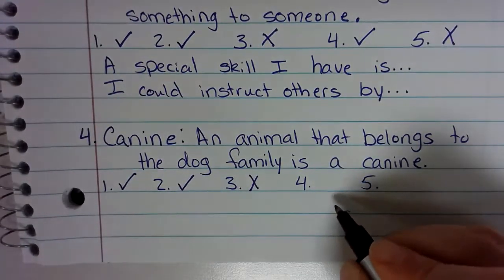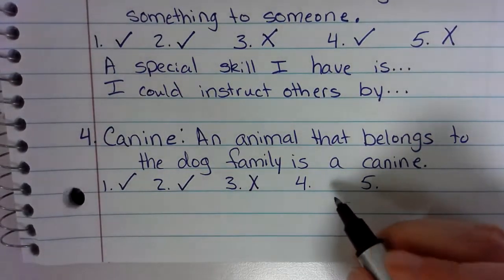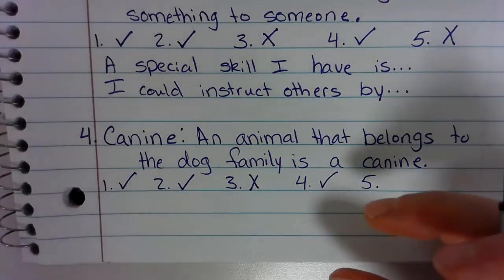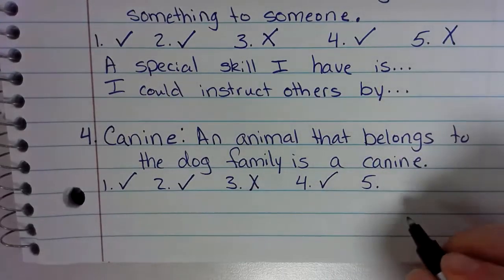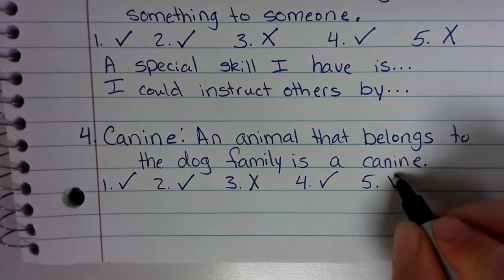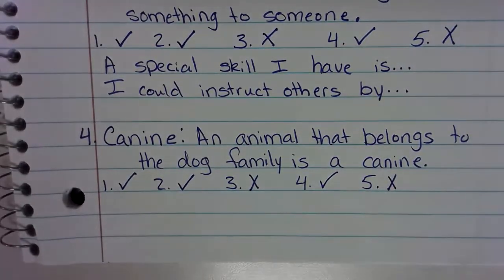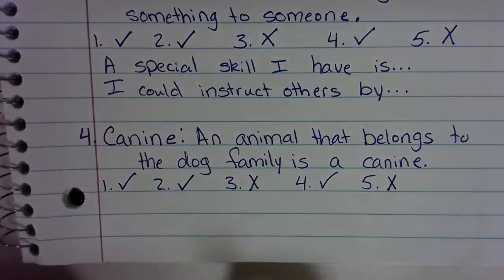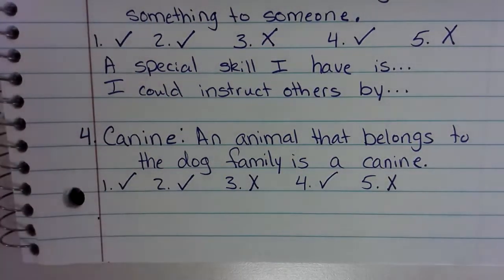Number 4, fangs. Fangs would be a check. Fangs are just the names of pointy teeth. Dogs and other canines have pointy teeth. Number 5, feathers. Feathers is an X. Dogs and canines don't have feathers. Birds do.